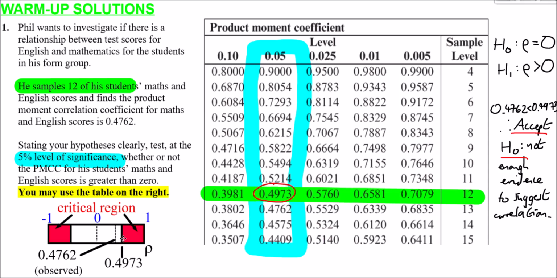So anything more extreme than 0.4973, we'd be saying almost definitely, yeah, it's looking like there's a really strong correlation. But because 0.4762 isn't strong enough to make us doubt H0, because it's not within the critical region, we therefore reject H1, or to put it a different way, we accept H0. This isn't strong enough to make us think actually there is correlation. Let's have a look at warm-up question 2.